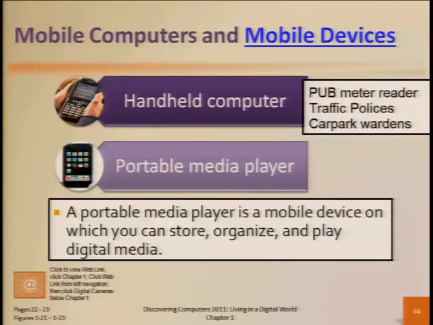By the time you say sorry, they say I already generated the ticket. I cannot take it back because it leaves a record inside. So no matter how you prolong, it's no use. So this is the thing that normally the traffic police will carry. And others like the PUB man taking the meter reading might carry one. The car park warden also normally carries one, just to generate the summons, right?